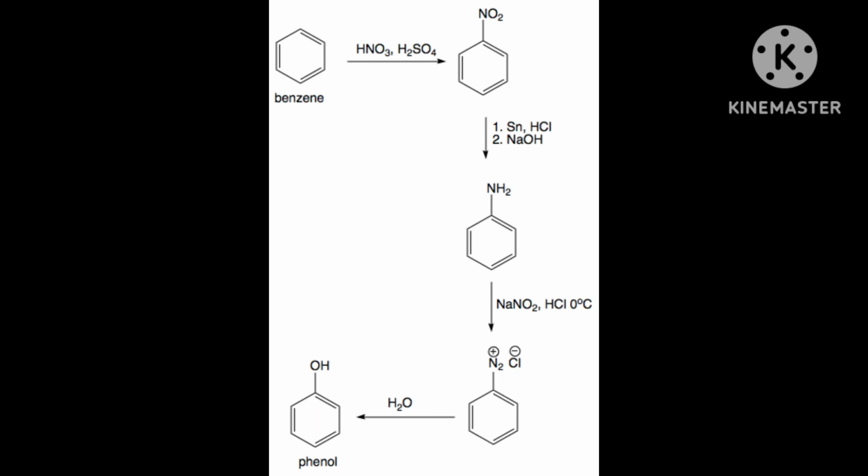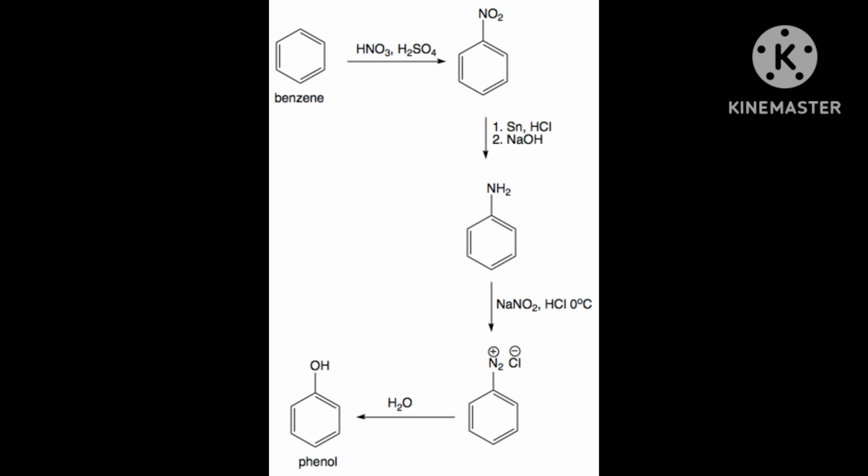Correct? That's why here this SO3 bond will break, it will take the electron, and when it goes by leaving the electron, that electron will be given to sodium, and it will form Na2SO3, correct?